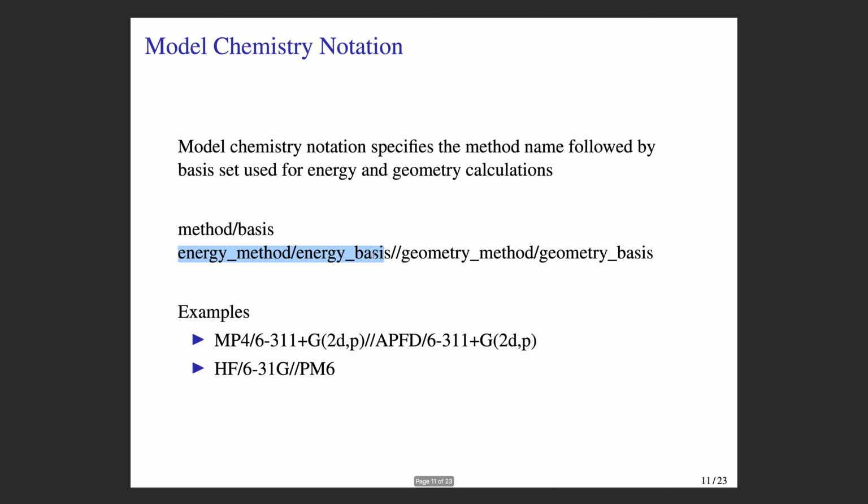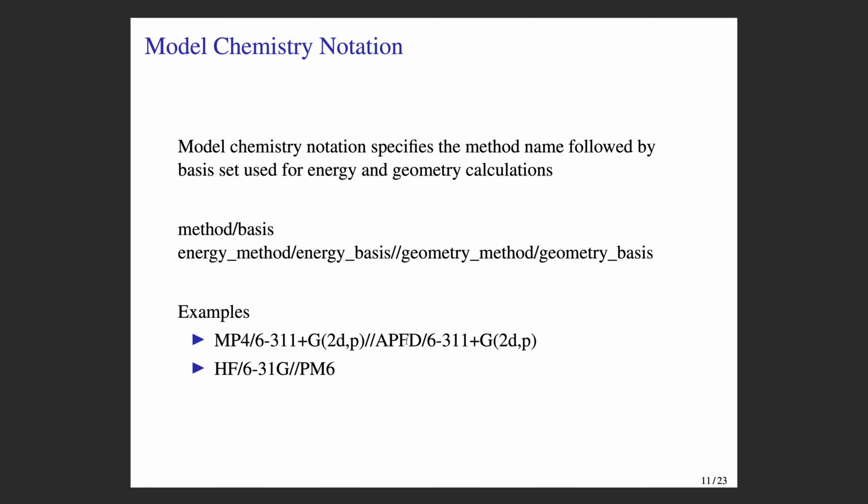So that's where we have this double slash notation, where you would have the method and basis set that was used to determine the molecular geometry, and then you might do a very accurate calculation after you've determined that geometry to just calculate the energy.